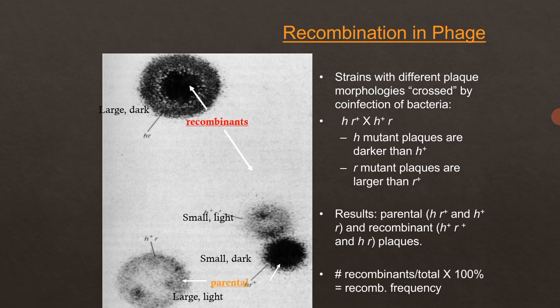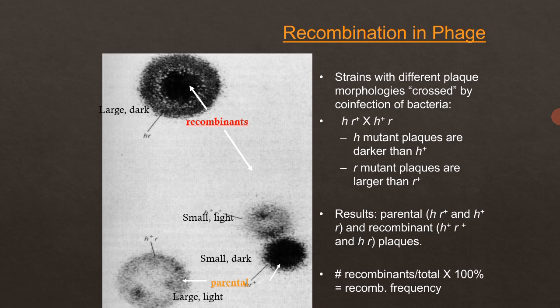And if the recombination frequency is very small, then the mutant genes, or the genes responsible for causing these mutations, are present very close to each other in these cells. That is why they became recombinant so readily.